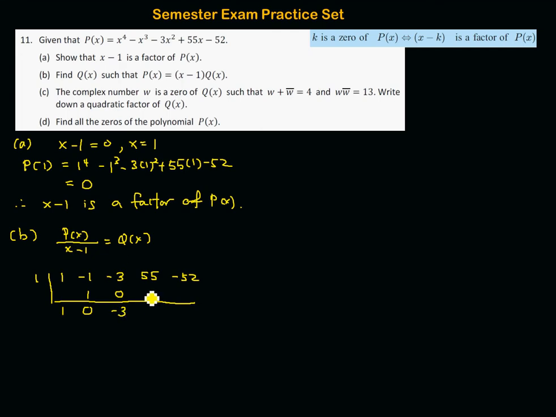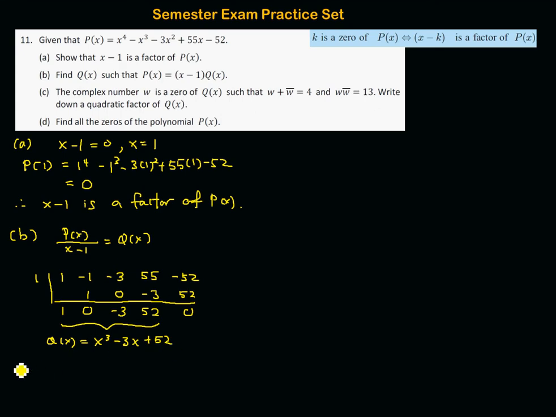So we perform synthetic division. This would be -3. I get 52, and 0. And so here will be your q(x). This is the constant term, and this is the x to the power 3, no x squared term, so x cubed minus 3x plus 52.